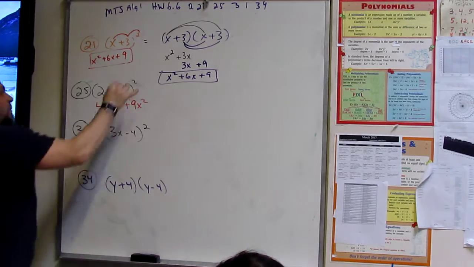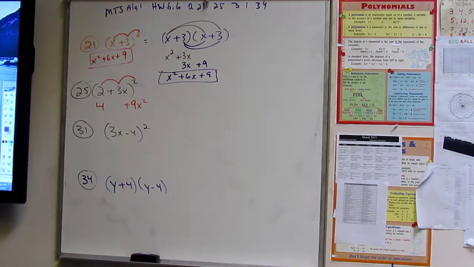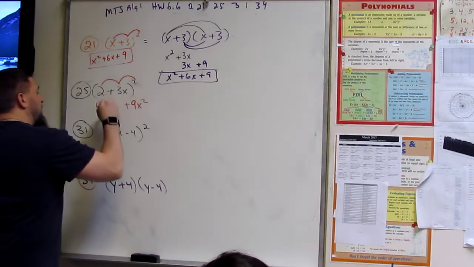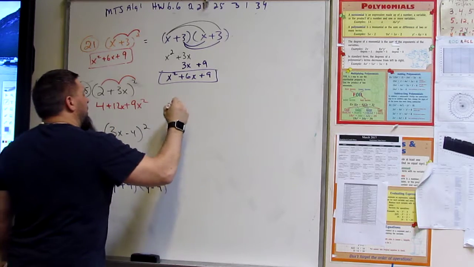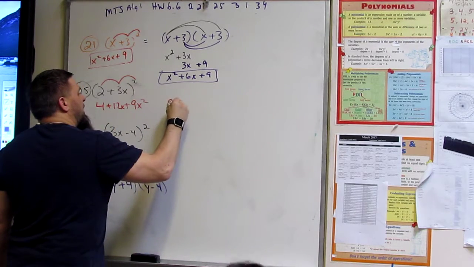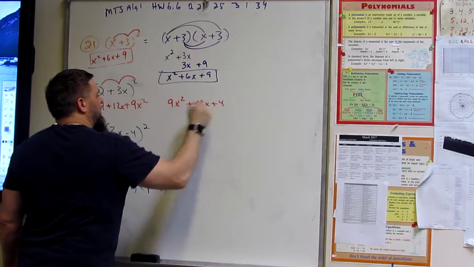Alright? What's 2 times 3x times 2? So 2 times 3 is 6, times 2 is 12. Okay? So 12x. Now, only thing is this is in the wrong order. So it would be 9x squared plus 12x plus 4.